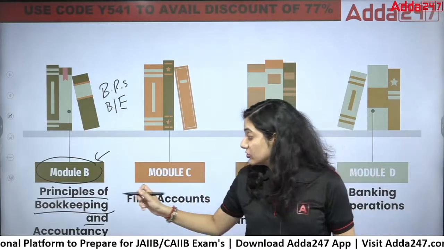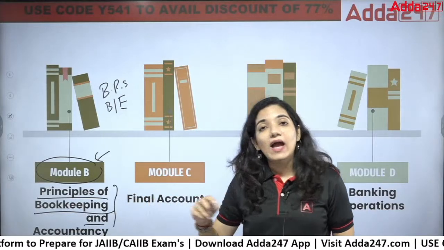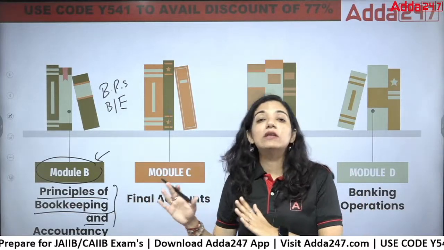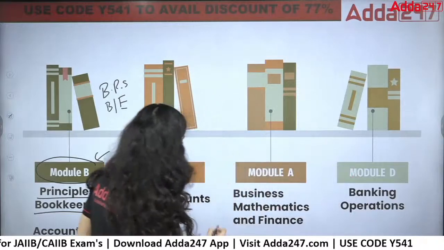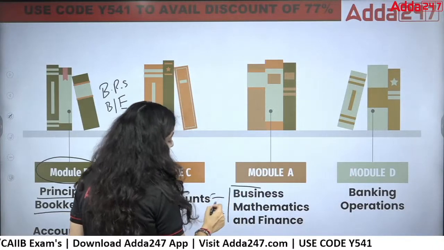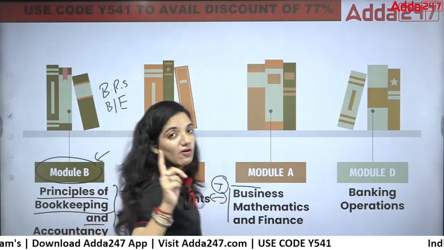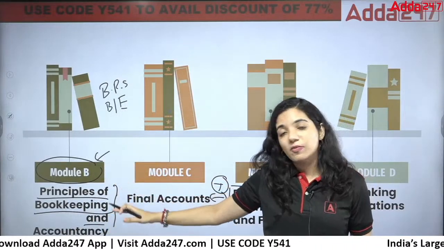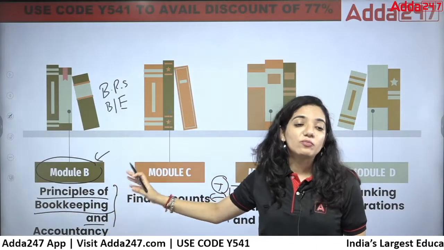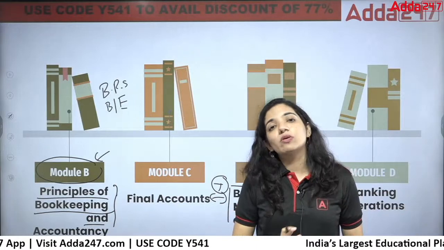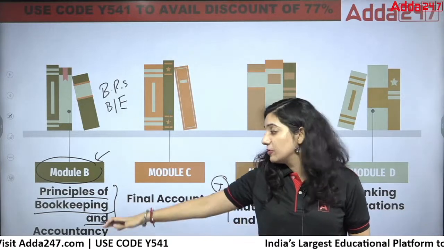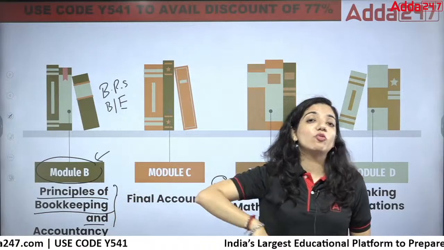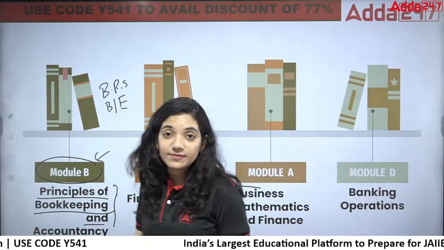So there are so many things which are to be covered in module B, and those terminologies which you will be learning there, you will be able to crack more questions from these 2 areas just on the basis of foundation that you will be dealing with. Let's talk about it. The number of questions that you will find from the bookkeeping and accountancy area, each question would normally carry half marks. So this particular module B will have more half marker questions, right?